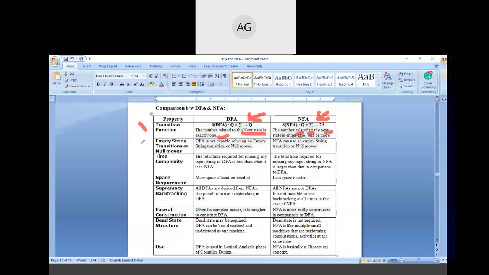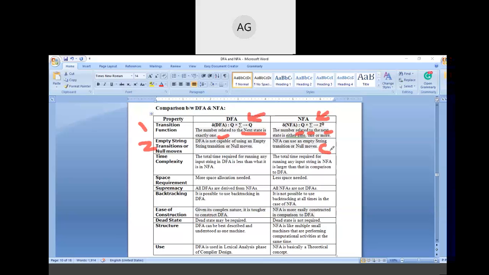Now the next property of comparison is empty string transitions or null move. DFA is not capable of using empty string transitions or null moves. So basically in the DFA there will be no empty string transitions or null moves. Whereas in the case of NFA, NFA can use empty string transitions or null moves.